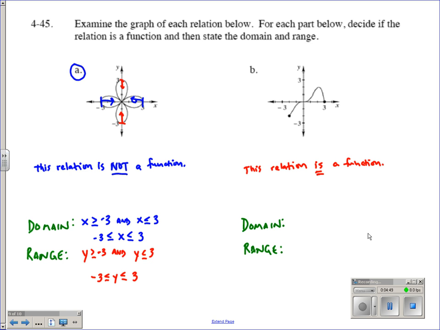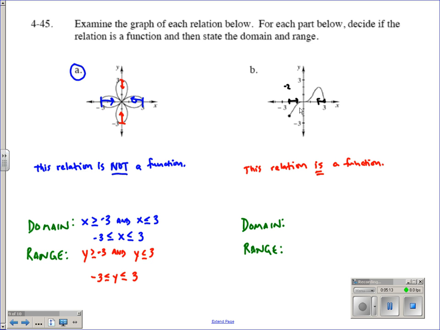Now we want to discuss the domain and range. As we look here, there are no breaks in it. So we know our lowest input value would be at -2. So it looks like we have one at -2. And if that's the lowest, it's going this way. And then we have a highest input value at 3.